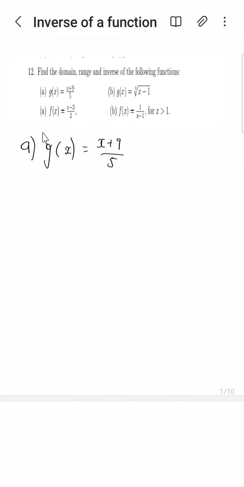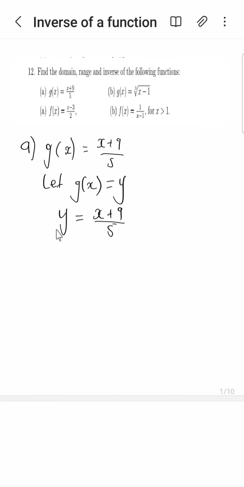First of all, we know that we can let g of x equal y. Then we'll say y equals (x plus 9) over 5. What we do after that is make x the subject of the formula. So how do I make x the subject of the formula?